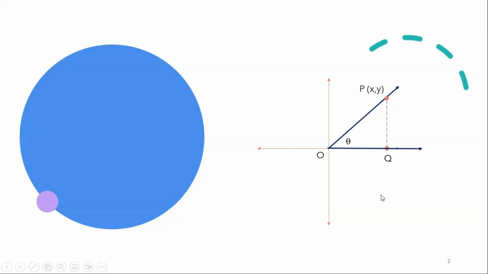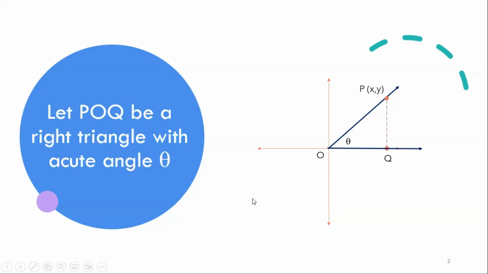We can form here a right triangle, POQ. So let POQ be a right triangle with the acute angle theta. X here is the adjacent side of theta, and Y is the opposite side of theta. Now the distance from point O to point P is considered as R, and R is actually the hypotenuse of our right triangle.